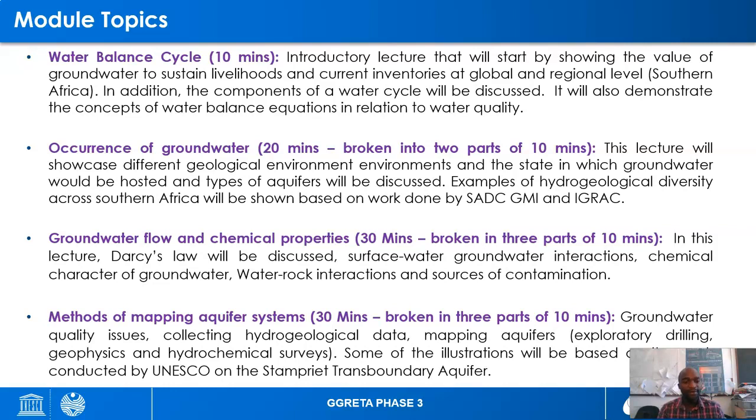The last lecture will look into methods of mapping aquifer systems. So basically we'll look into groundwater aquifer issues, how to collect hydrogeological information, and then spend some time in terms of mapping the aquifer itself, with some, of course, illustrations on works that have been done by UNESCO and other parties within the region.